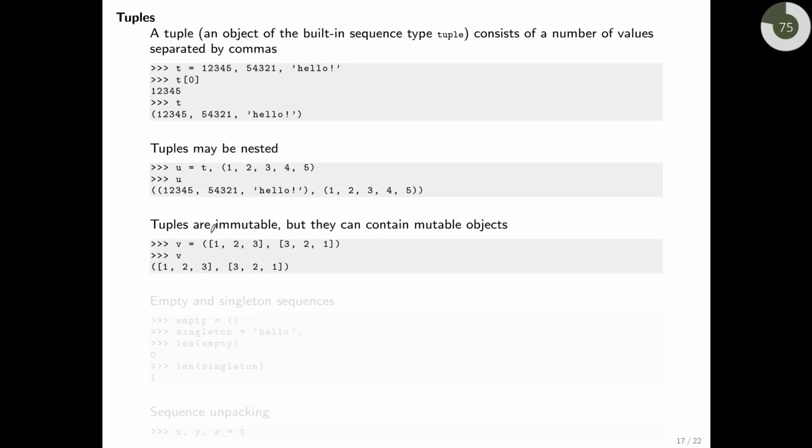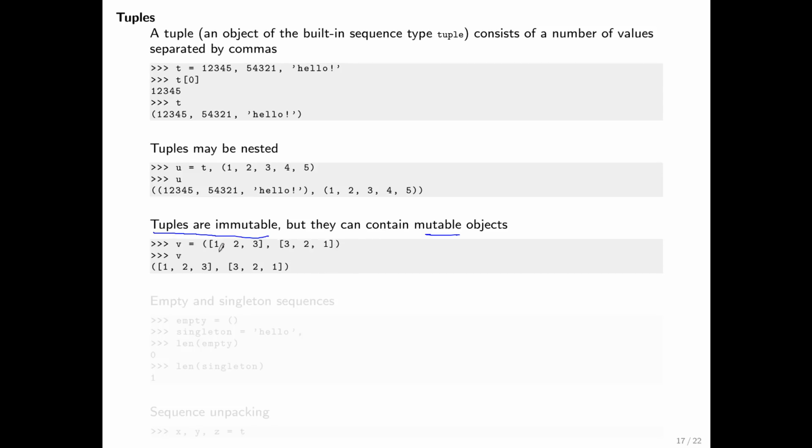Now, keep in mind that tuples are immutable. They look a lot like lists and work a lot like lists, but they're different in this fundamental way: tuples are immutable, whereas lists are mutable. But tuples can contain mutable objects, and that is what I want to illustrate now.